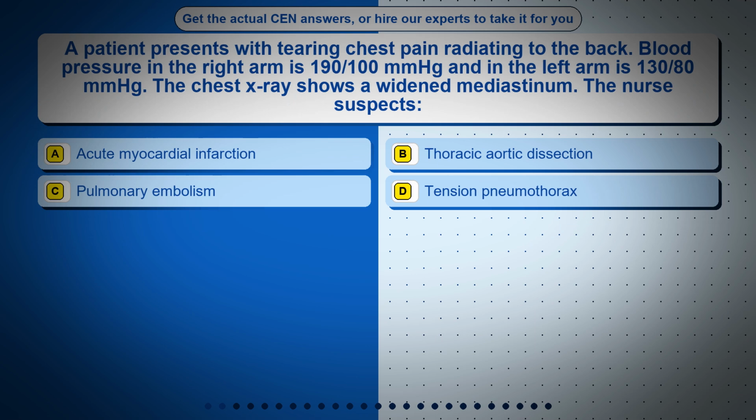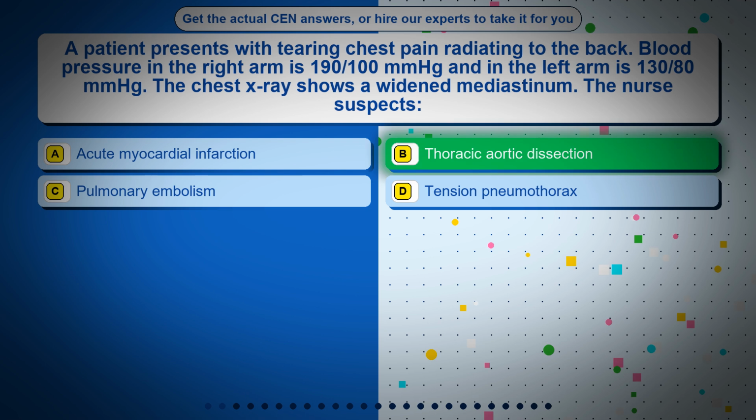Question 2. A patient presents with tearing chest pain radiating to the back. Blood pressure in the right arm is 190/100 mm Hg and in the left arm is 130/80 mm Hg. The chest X-ray shows a widened mediastinum. The nurse suspects option A, acute myocardial infarction, option B, thoracic aortic dissection, option C, pulmonary embolism, option D, tension pneumothorax.